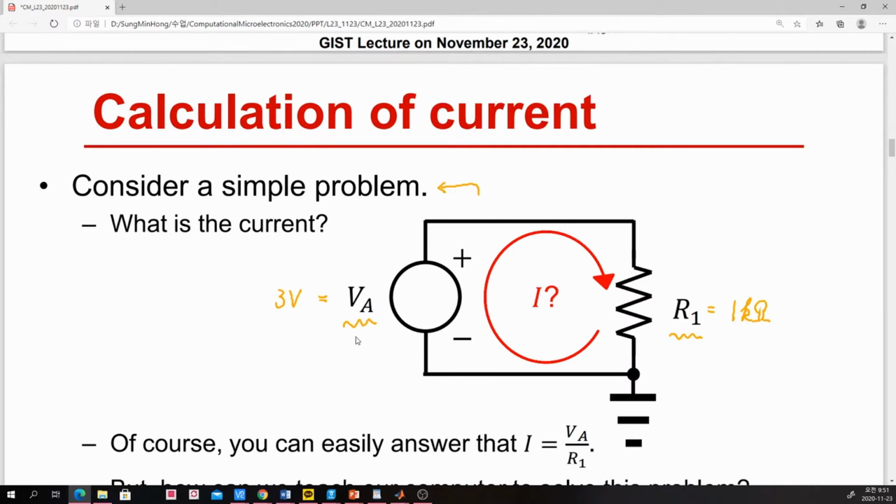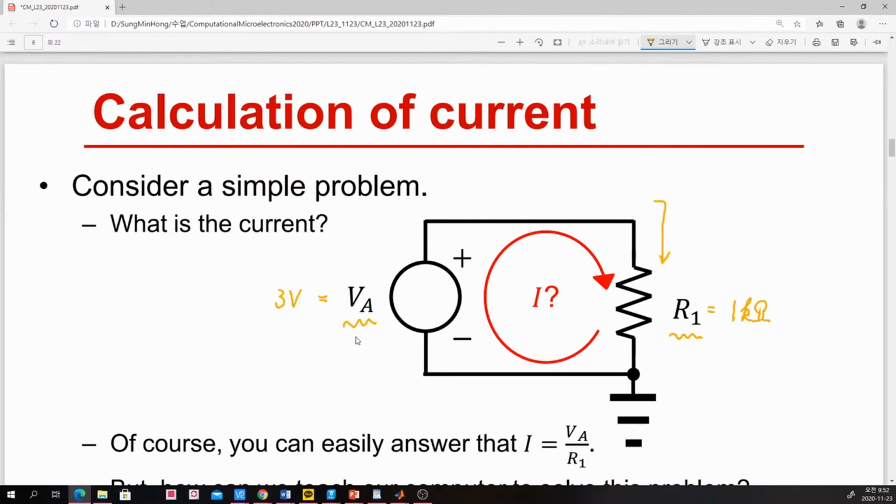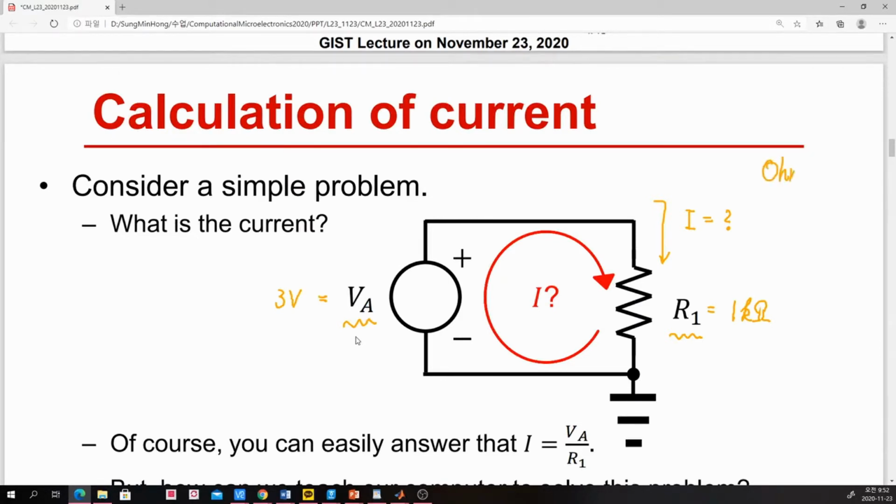What is the meaning of solve? What is the exact thing we want to know? In this case, our main interest is the current. What is the current flowing through the resistor? Of course, I guess that all of you can solve it by applying Ohm's law.